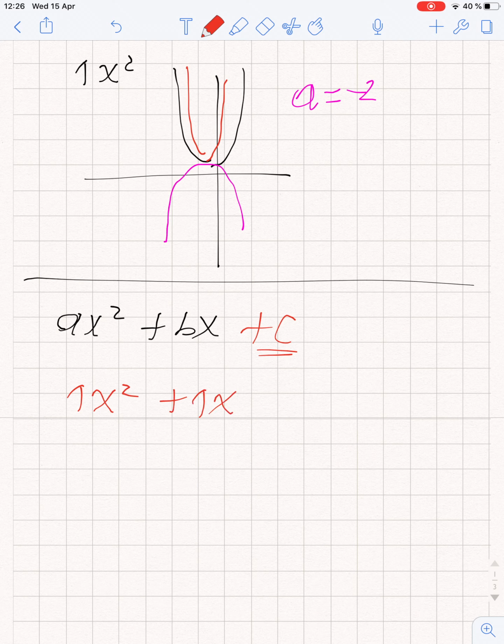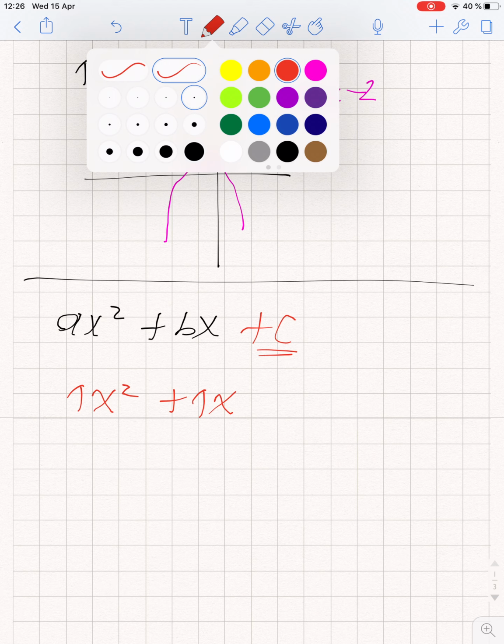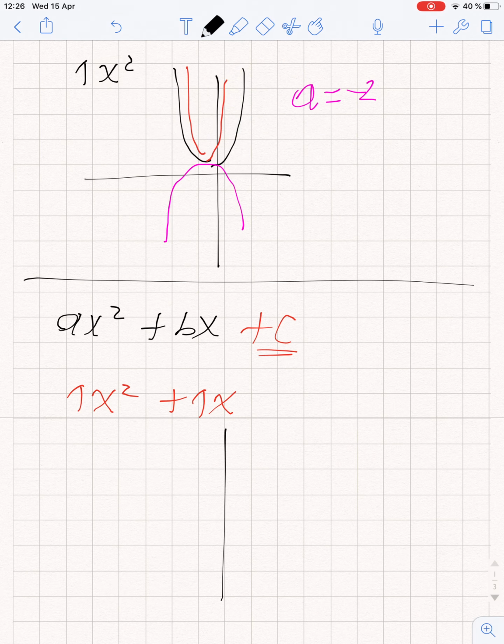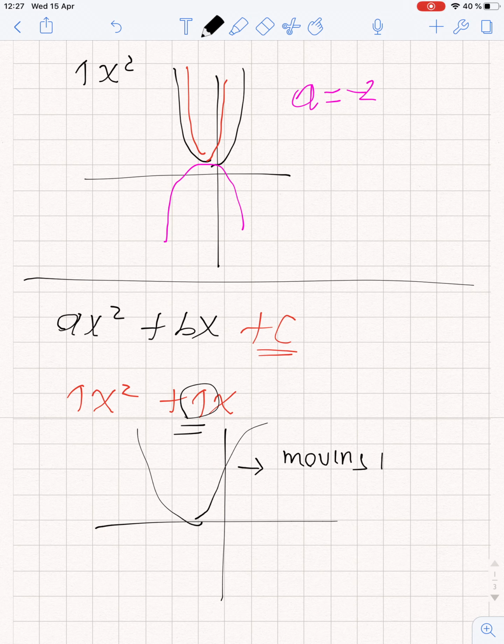If we see this graph, we're going to see that the curve, based on this new value for b, is moving along the x-axis.